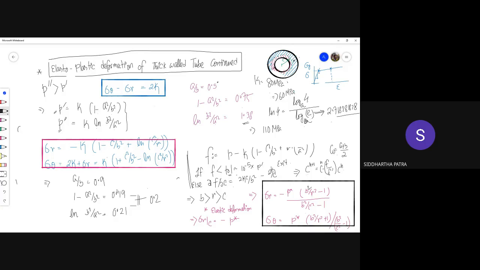Of course, it's a thin cylinder, so the pressure required would be smaller. But that is just somewhere around 15.5 to 17 MPa. That is the window of pressure by which the entire cross section would be plastic. So yeah, these are the things that are important.